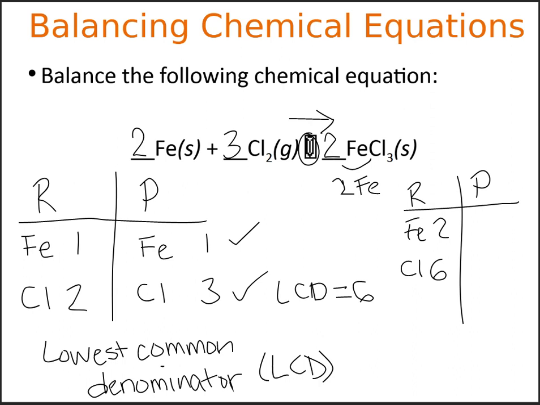So that means we've got 2 iron atoms, and then we multiply the 2 coefficient times the 3 subscript for the number of chlorine atoms, and we get 6. So now we're balanced. And if I could spell balance today, we'd be good.